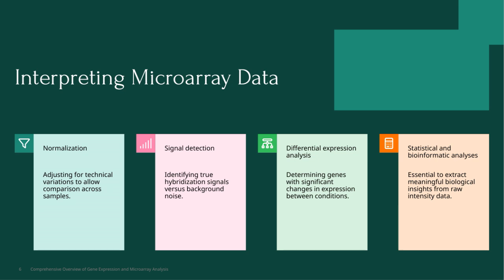After that, differential expression analysis helps us identify which genes show significant changes in expression under different conditions, highlighting potential areas of biological interest. Finally, statistical and bioinformatic analyses are essential to make sense of the raw intensity data, allowing us to extract valuable biological insights and draw reliable conclusions from the experiment.